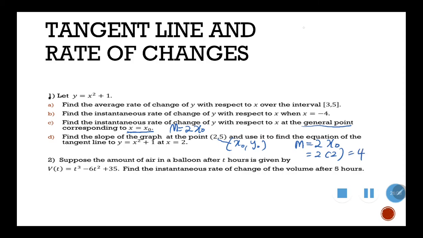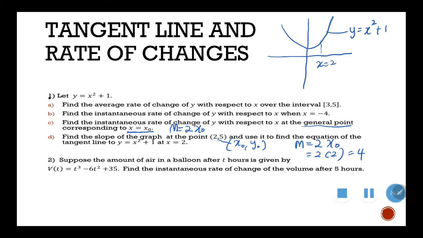Okay, so this is y, and now we're going to find it when it is at x equal to 2. So how to find the equation?